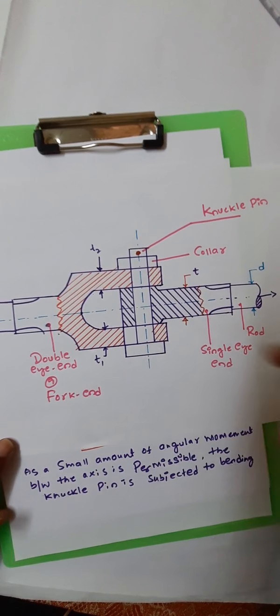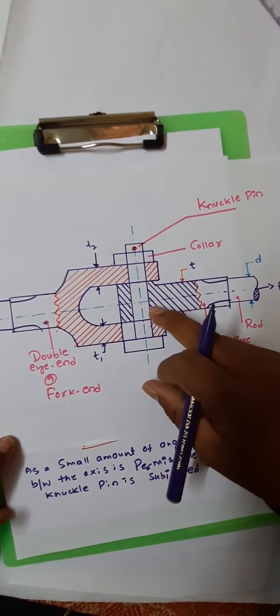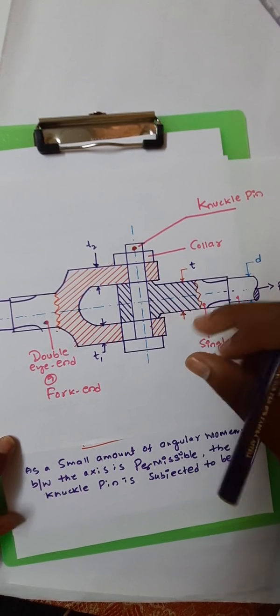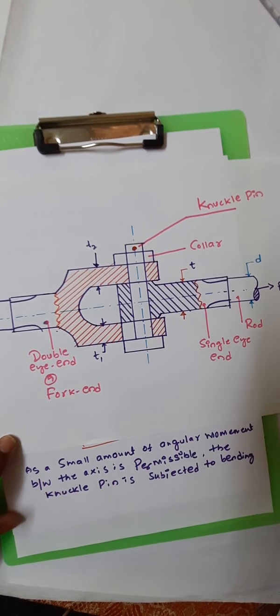Once we consider a small amount of angular movement between these axes, the knuckle pin is subjected to bending.